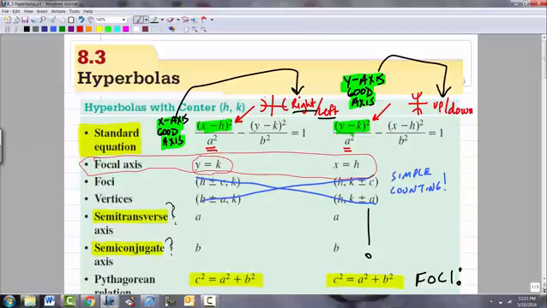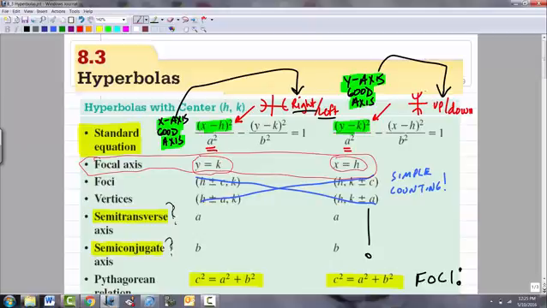It's almost like a line of symmetry. So if you have a horizontal focal axis, all it's saying is you're going right, left. What kind of line is this? Vertical. And this is a hyperbola that goes up and down, and that's the line that cuts this hyperbola in half. Half here, half here.